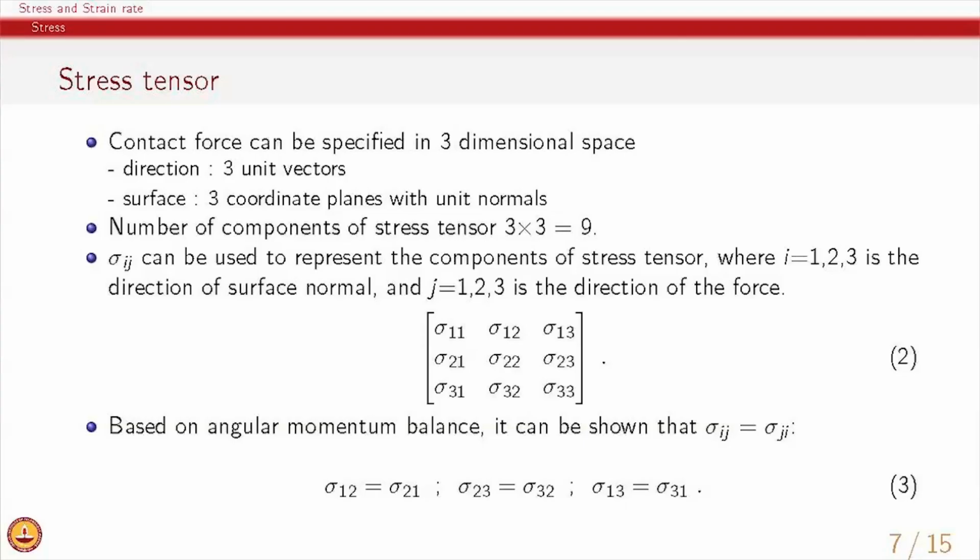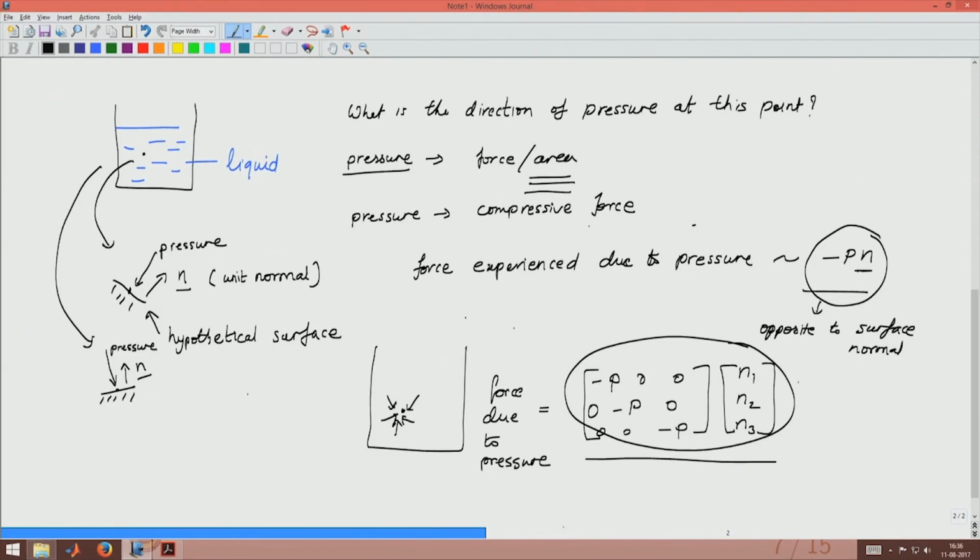So just to make a note of this again, when we say sigma ij, there are different conventions possible, and the convention that we will follow in our course, the direction of the surface will be referred to by i and the direction of the force will be referred to by the j.